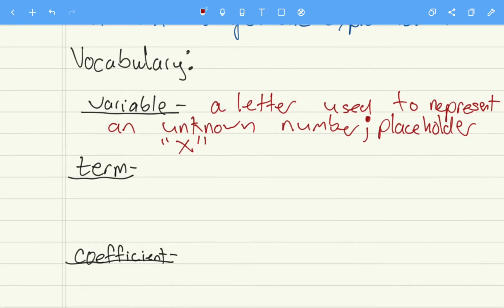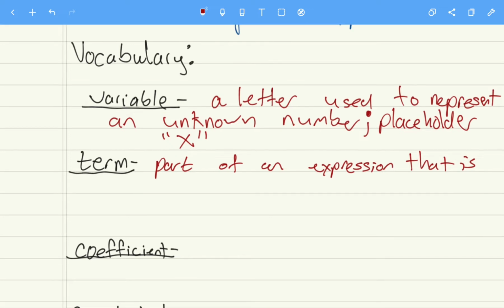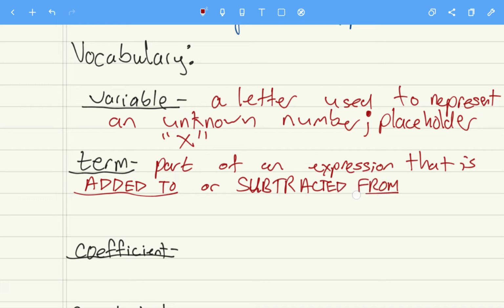The next vocab word is term. A term is part of an expression that is added to or subtracted from another term.